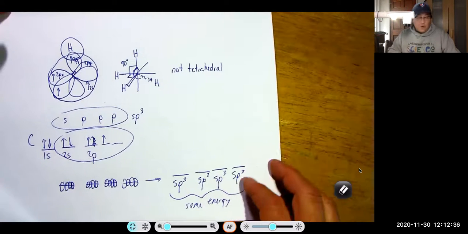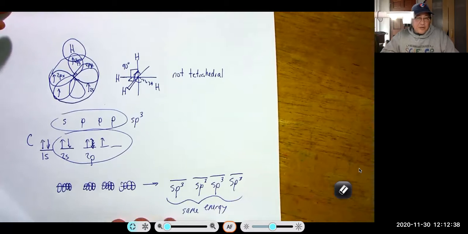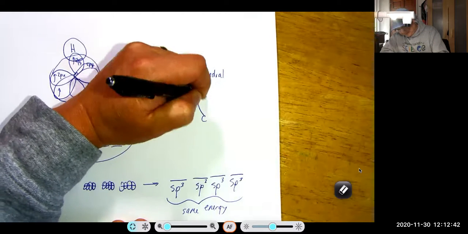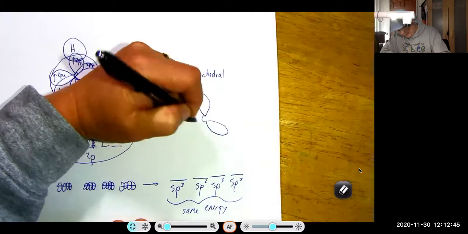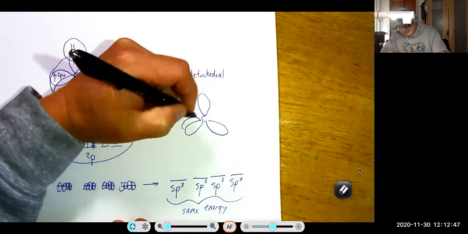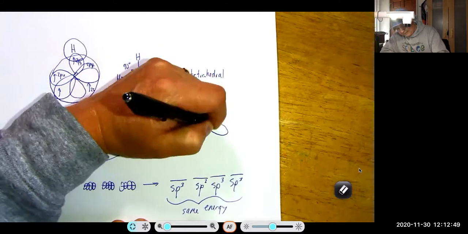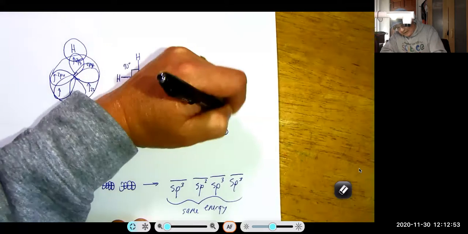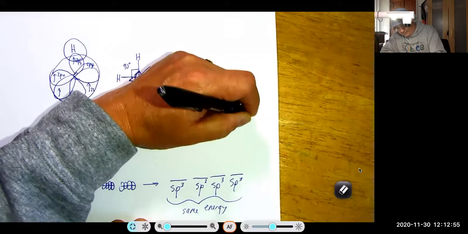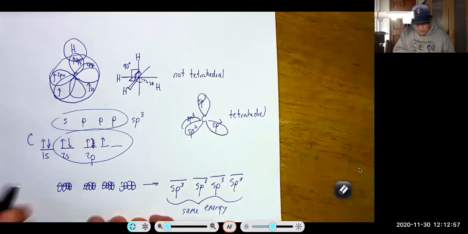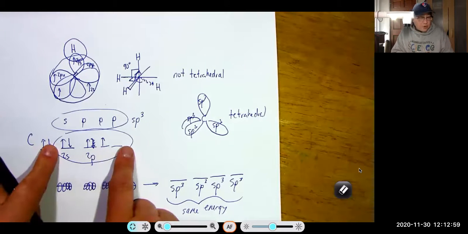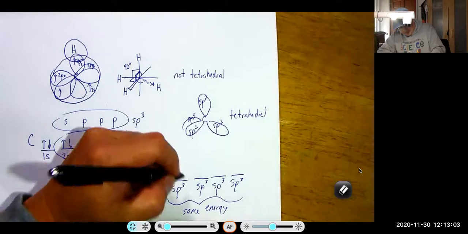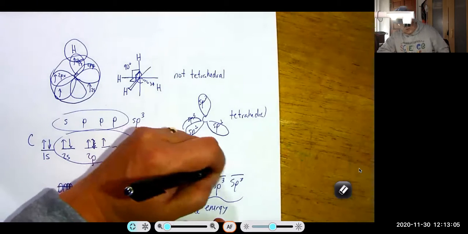So how will 4 orbitals that are the same energy arrange themselves around the center of an atom? And the answer is like this. Tetrahedral. Now, if we have 1, 2, 3, 4 electrons in these 4 orbitals, when they hybridize, how do we put the electrons in there? 1 per orbital.